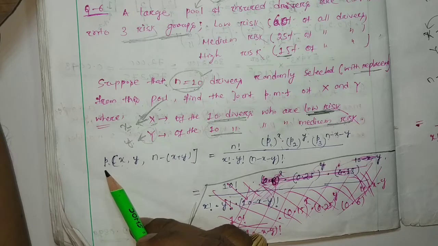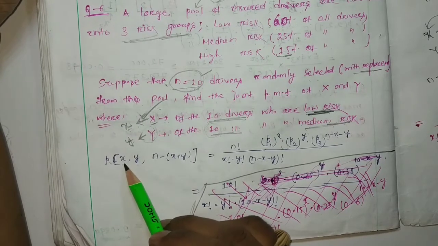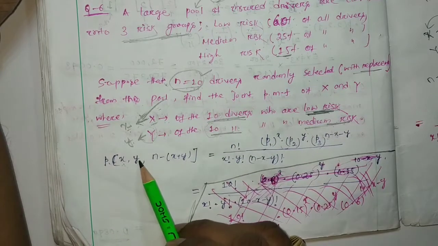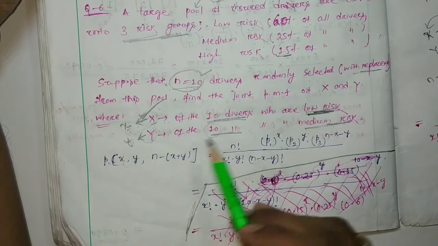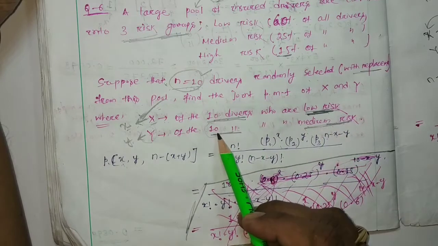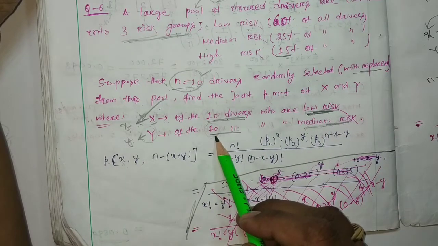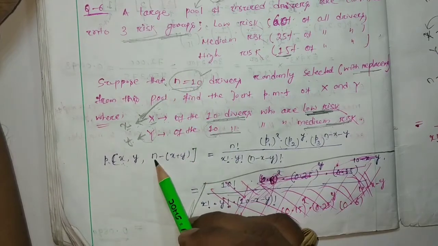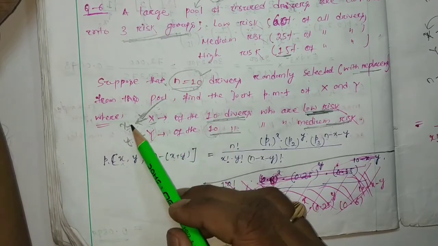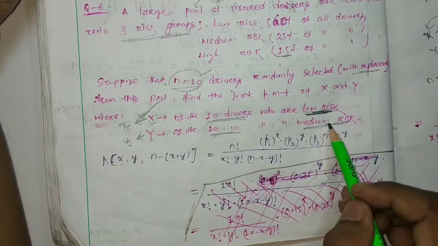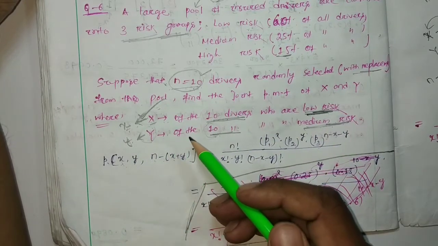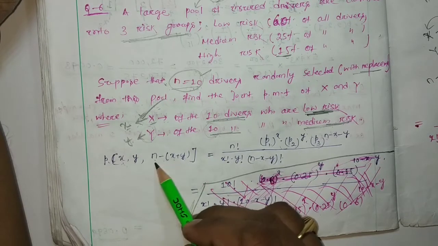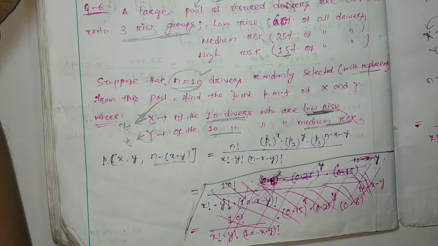So the probability of X, which is the number of low risk drivers among these 10 drivers, and small y is the number of medium risk drivers among the 10 drivers. Obviously the total number we consider is 10, so x is the low, y belongs to medium, so the rest of the drivers, which will be n minus x minus y, belong to your high risk drivers.